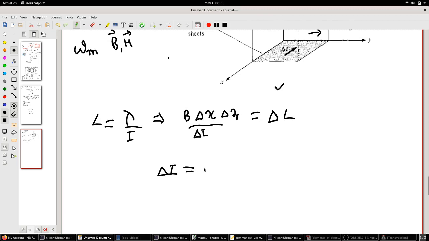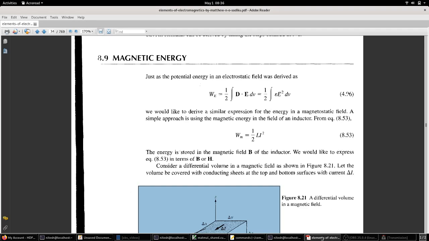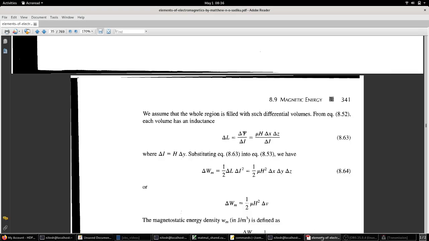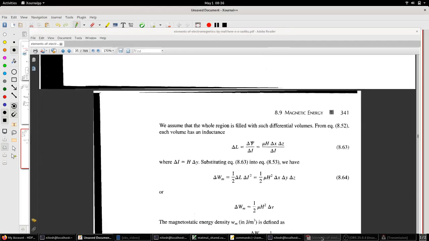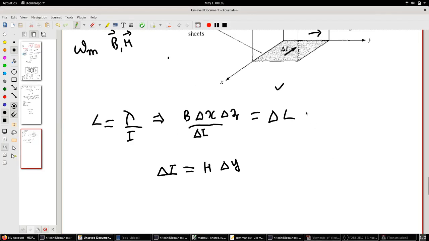So I can say delta I is H into delta y. Going back, I will write delta L, the inductance, in terms of mu H delta x delta z divided by delta I.